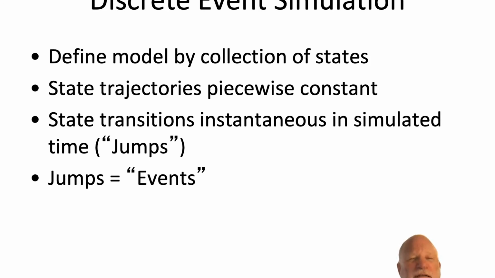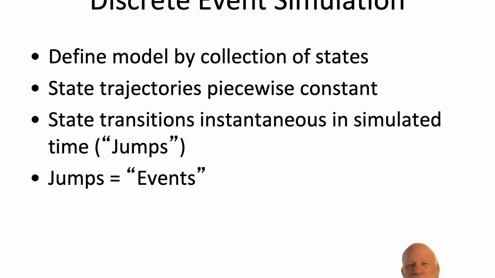Okay, so discrete event simulation, we define our model by a collection of states. And those states, what is a state? That's something that's going to come into focus. For right now, we're going to leave it a little bit undefined. It's kind of like a snapshot in time of your system. It's something that describes the essential elements of your system.